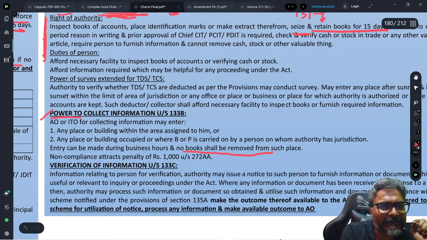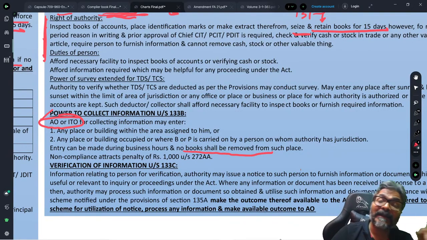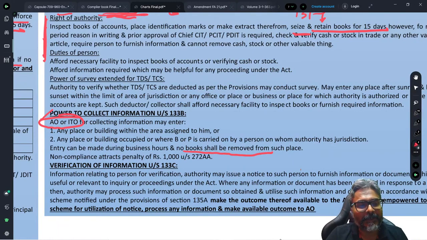Here the AO does not have to take approval to do the survey, unlike in the case of 133A, where before he goes and does the survey, he may have to take the approval of the JCIT or the CIT, as the case may be. In 133A there is an approval, whereas in 133B there is absolutely no approval. So just keep that in mind.